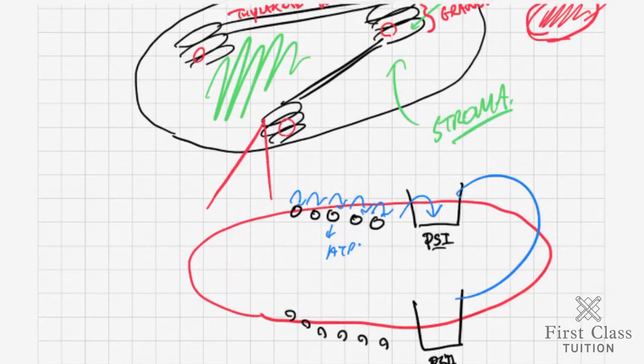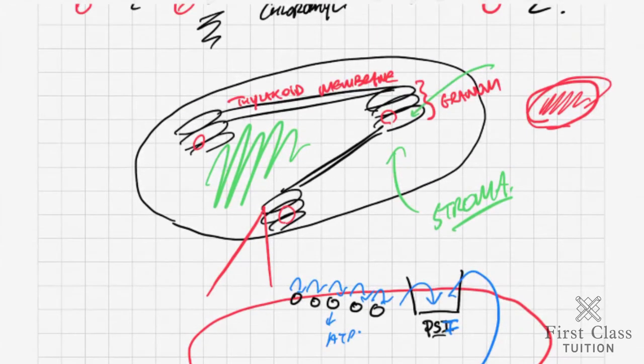I should be putting photosystem 2 because that's the one that appears first, and then photosystem 1. So we go from one photosystem to another, and then it moves down another carrier system, and then we eventually end up with the products that are then going to leave the stack, the granum, and go to the stroma where the next reaction is going to take place, which we'll see in the next video.